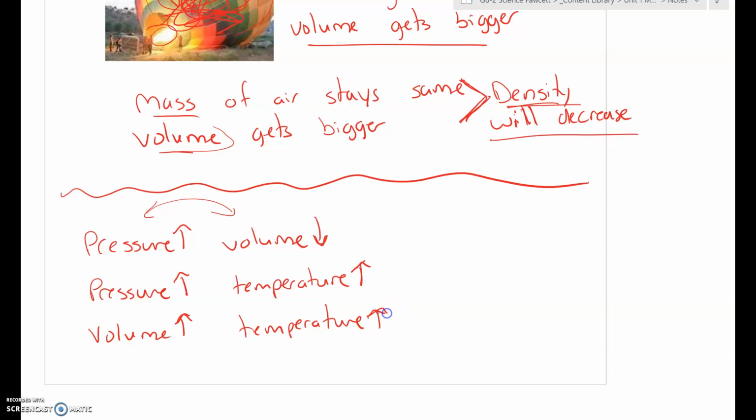So in the real world, you actually have all three of these laws probably acting all together, which is kind of more what's happening in the hot air balloon. As the temperature rose there, if that was a container that couldn't get bigger, a rigid container that wasn't able to expand, then the pressure would go up.